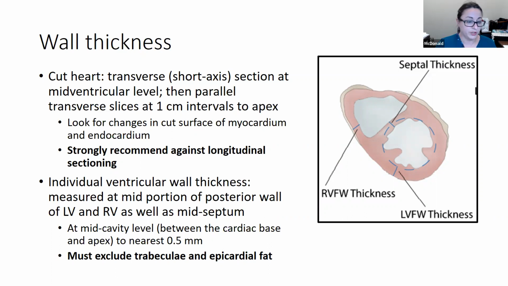So when you're measuring the individual ventricular wall thicknesses, you measure at the mid portion. So it'll basically be at that first slice that you have made. And you want to measure at the mid portion of the posterior wall of the right and left ventricles and in the middle of the septum. And they do point out you need to exclude trabeculae and the epicardial fat.